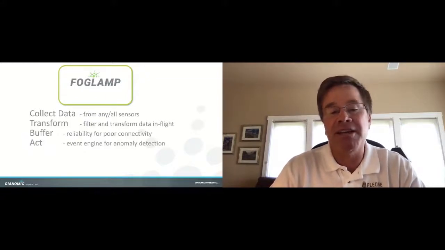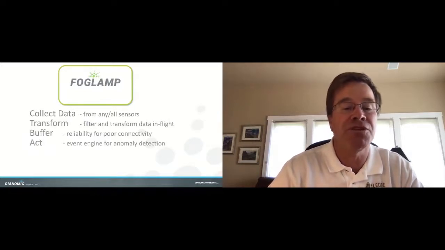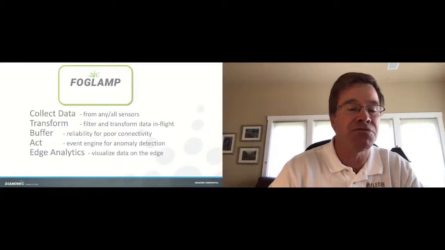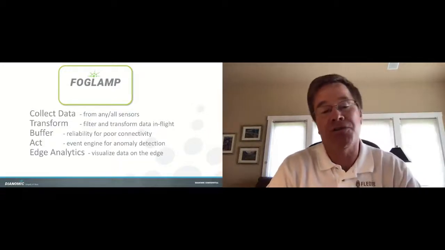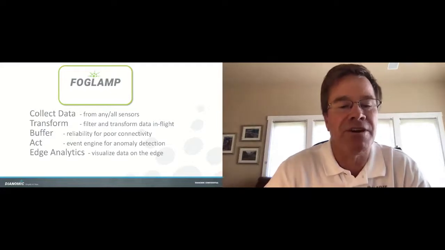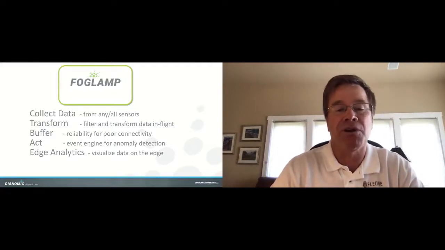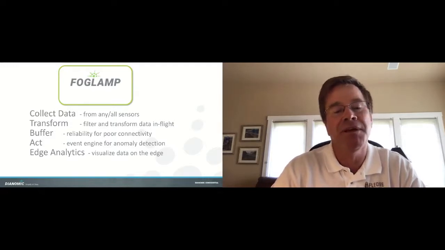So it can collect data from any sensor on the edge. It can transform and filter that data in flight as it moves from the sensor to the historian or to a cloud. Filters could be as simple as converting Celsius to Fahrenheit, or it could be a very involved application in a Linux pipe doing all kinds of transformations of the data.